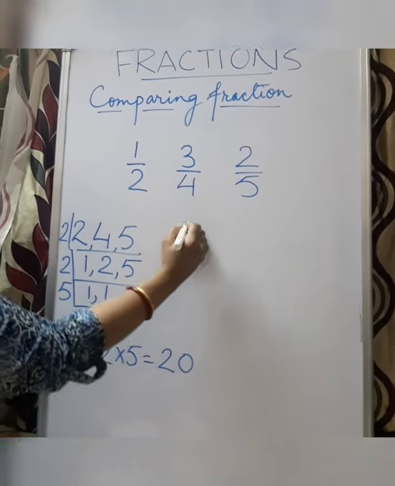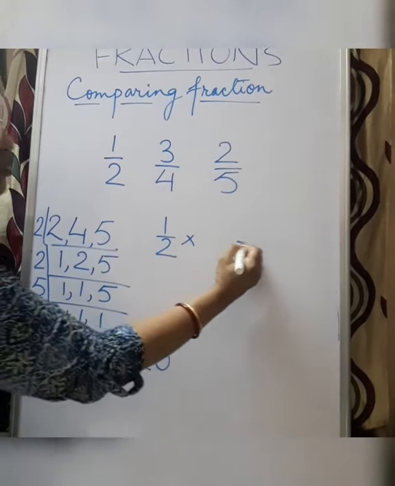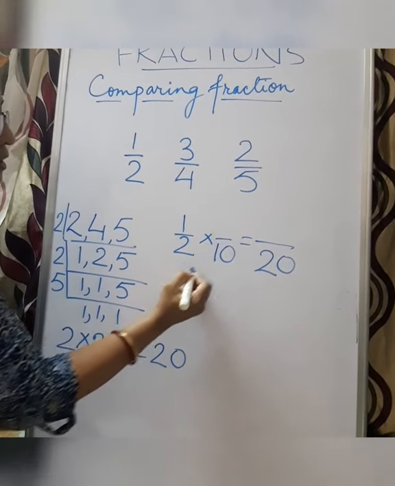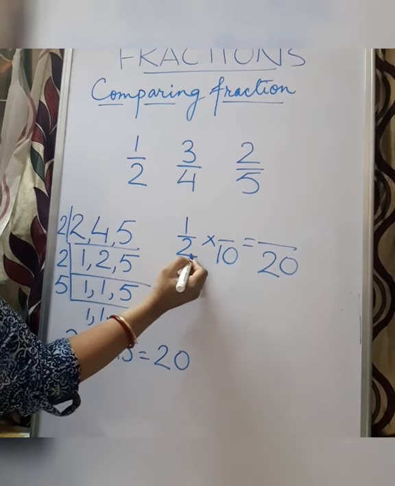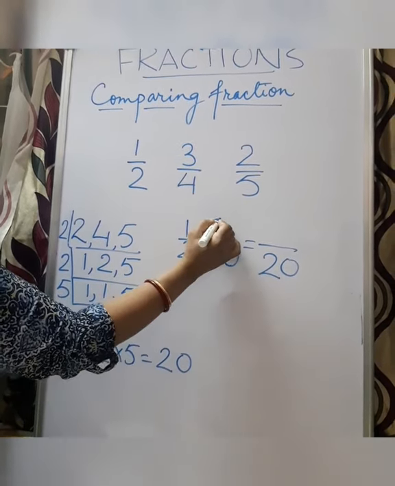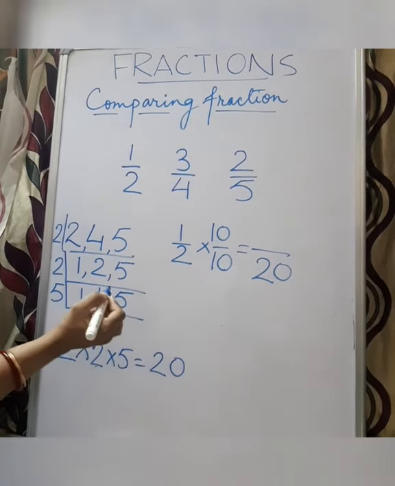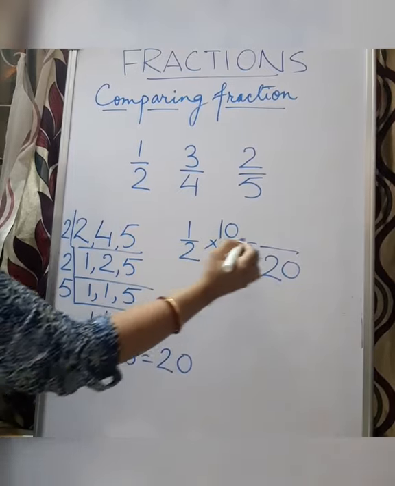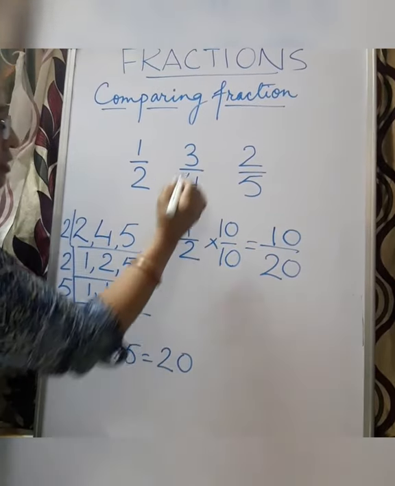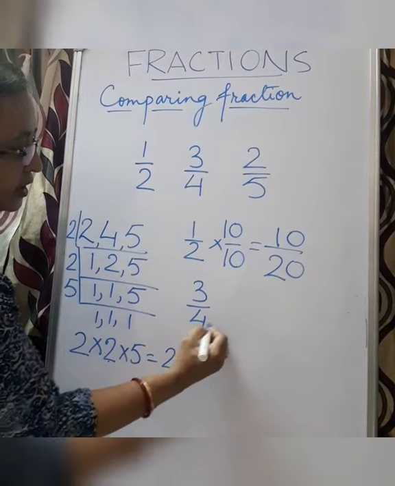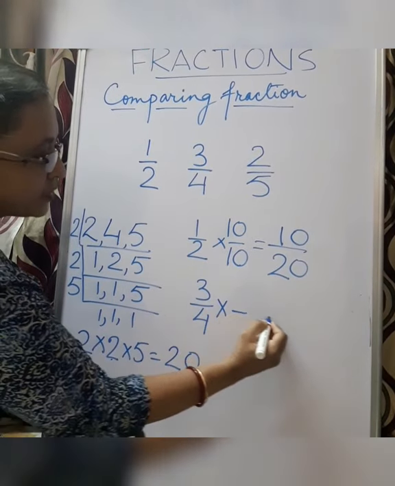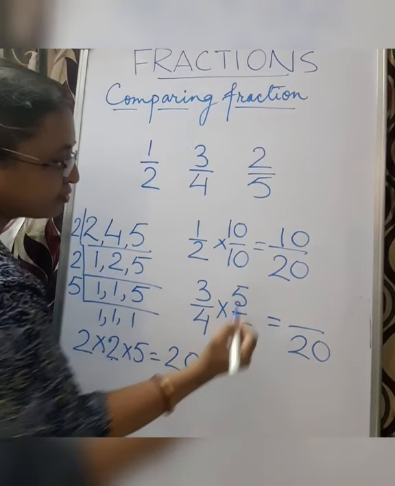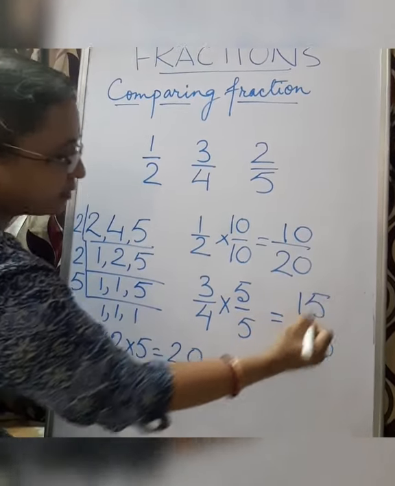Now we have to make half into 20. So we will be multiplying by 10, and when we multiply the denominator by 10, we have to multiply the numerator also by 10, as I have already told you to find an equivalent fraction. 3 by 4, again we have to make it 20, so I have to multiply by 5, so it will be 15 by 20.